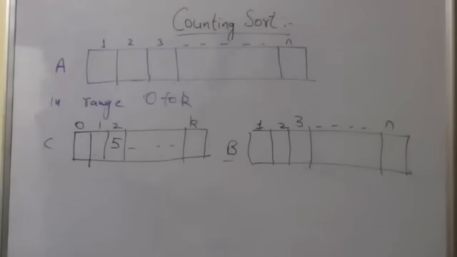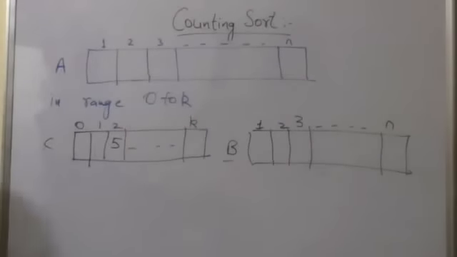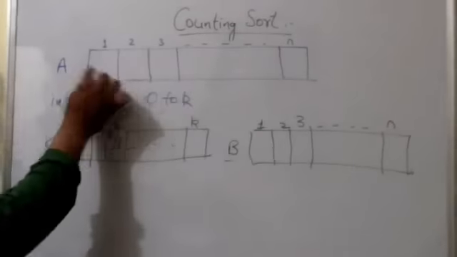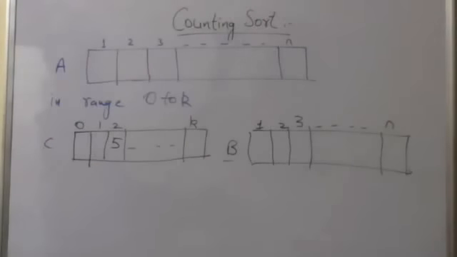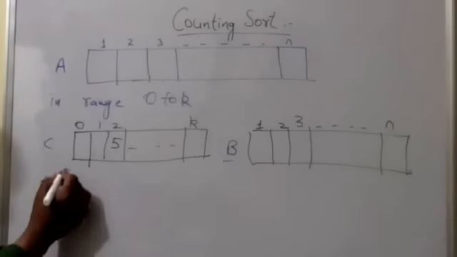And after that we will start from the last element of array A and move to the first element of array A, and for each element I which is encountered, we will get the value of C[I].